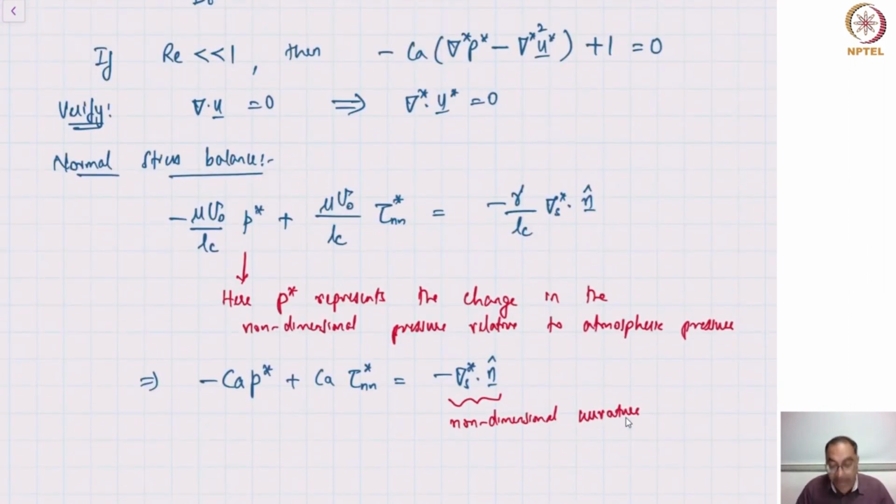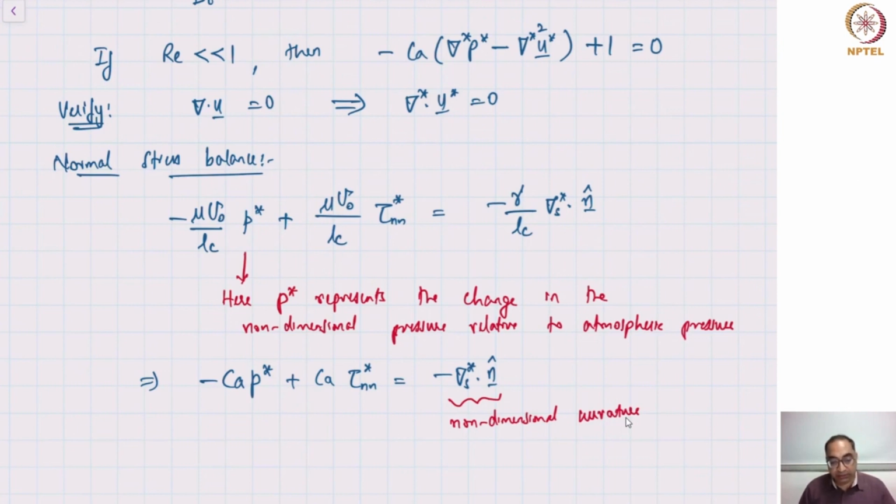So now we have all the three equations shown here. The first equation is a balance between the pressure, viscous, and gravity. Then we have the continuity equation, which is for mass balance. And then finally we have the normal stress balance.